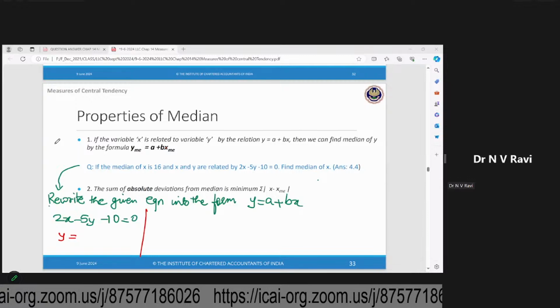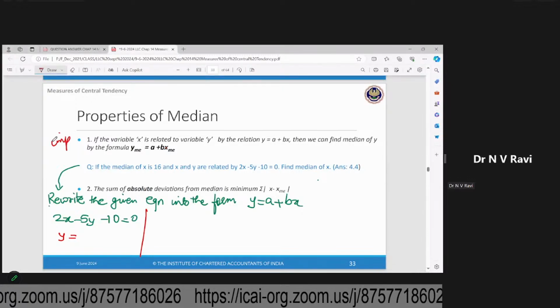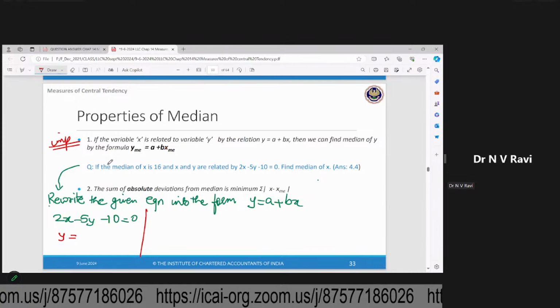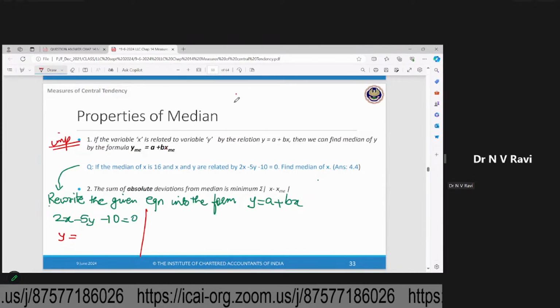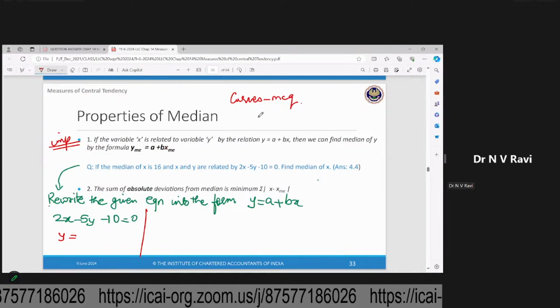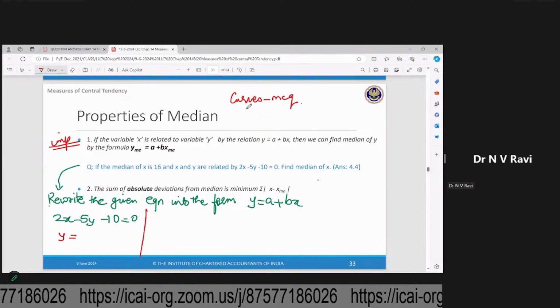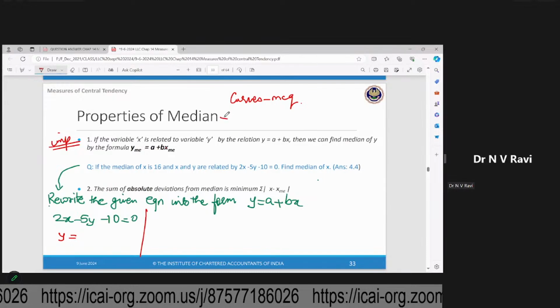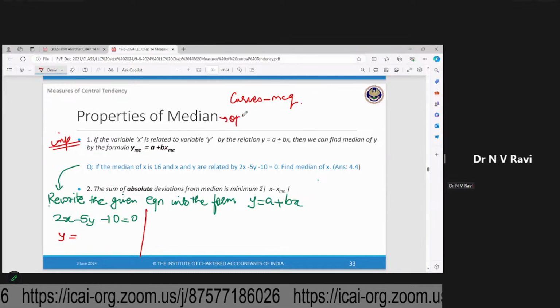And now median can be drawn by using the OG curves also. This is also very important from the MCQ point of view. Another important MCQ point is that the median is used for open intervals actually.